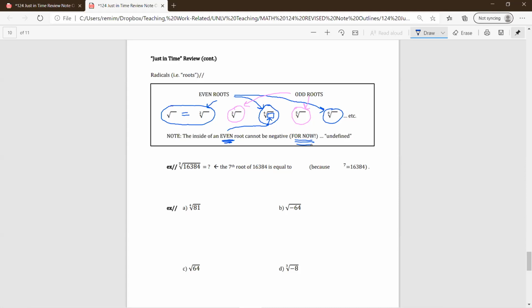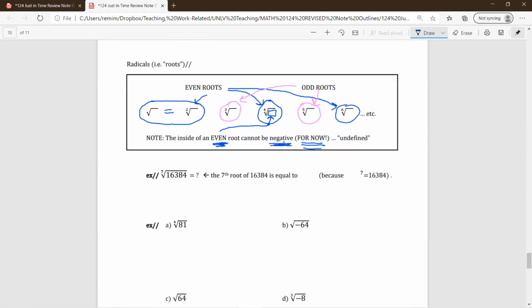Later on in the semester, we might deal a little bit with that, but just for now, we are going to say that we cannot have a negative number inside an even root. And we'll say that it's undefined. And notice that this note doesn't say anything about the odd roots. It only says inside an even root you can't have a negative number. You can have a negative number inside an odd root, though.